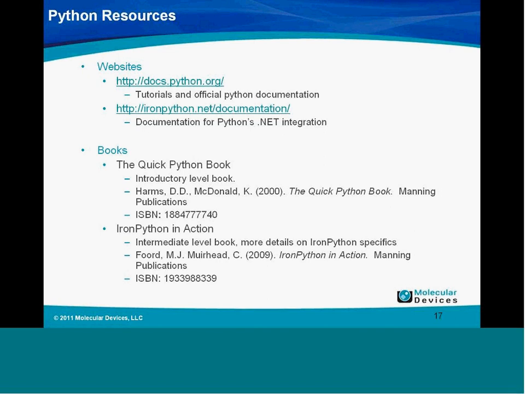If you're starting off from the beginning without much Python experience, there's a book, the Quick Python book. It's an introductory level book, doesn't assume any programming experience, so it's a good way to just jump right in and start learning what is programming, what is a variable, how do you call methods, things like that.